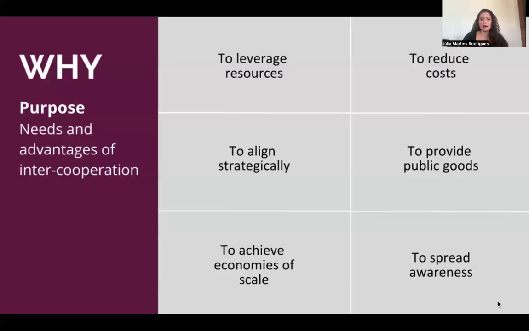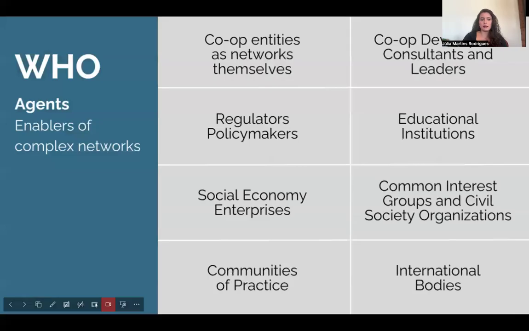Well, so far we have focused exclusively on cooperatives, their network infrastructure, and their purpose of strengthening them. However, in reality, cooperatives rarely operate in isolation when building their economic ecosystems.